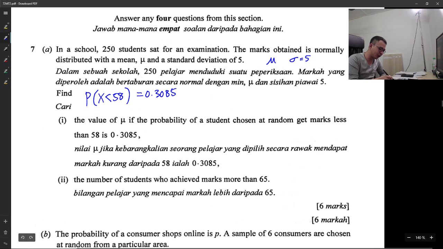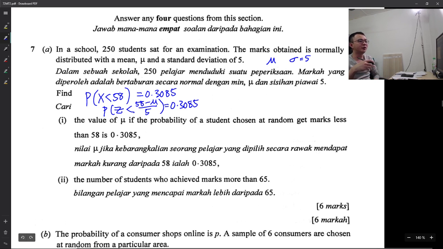In order to solve this one, I will change it to z. 58 is my x value, right? So 58 minus mean over the standard deviation, which is 5, gives 0.3085.